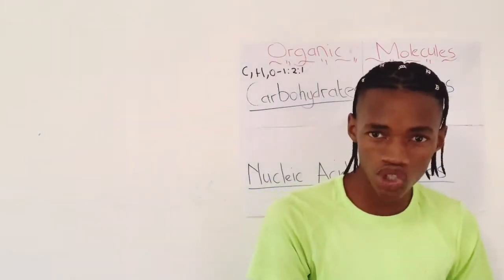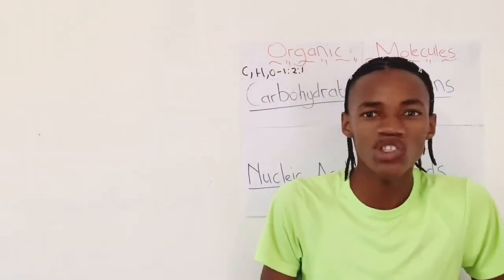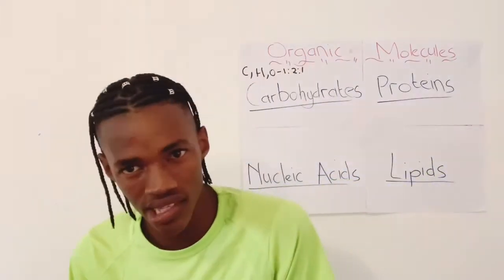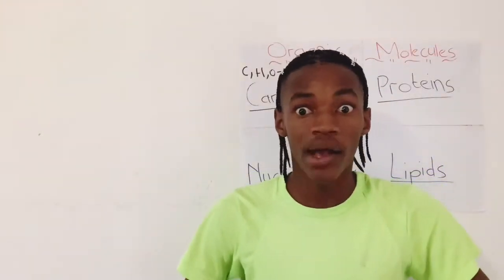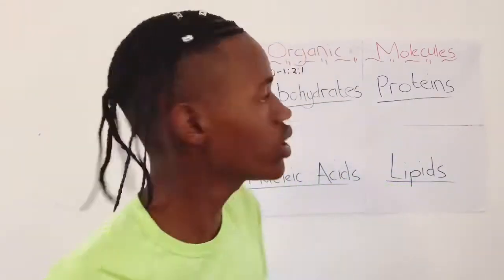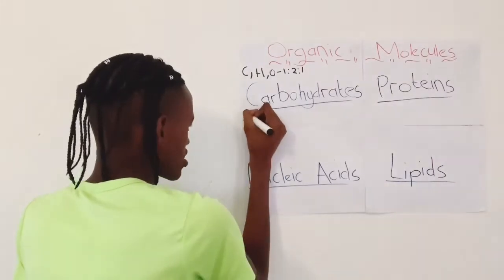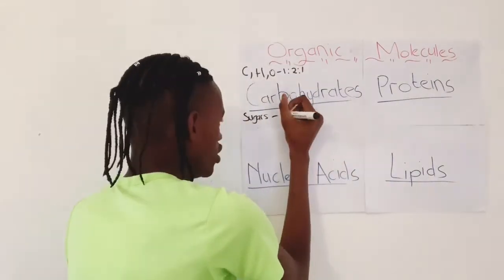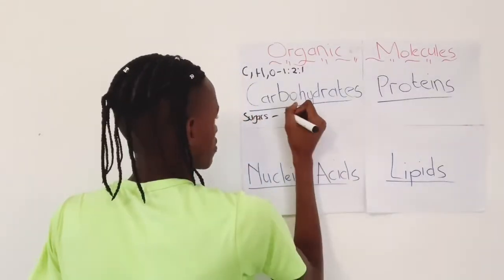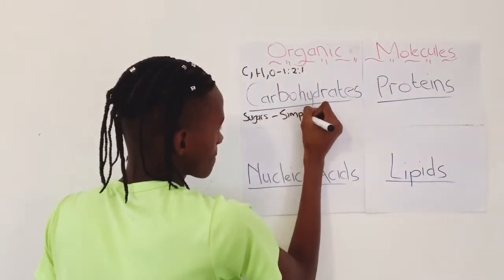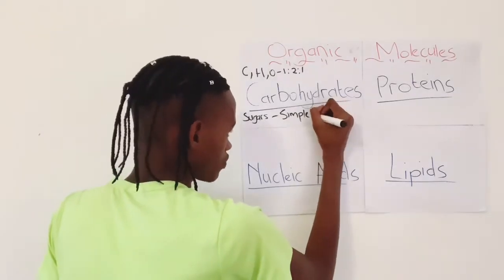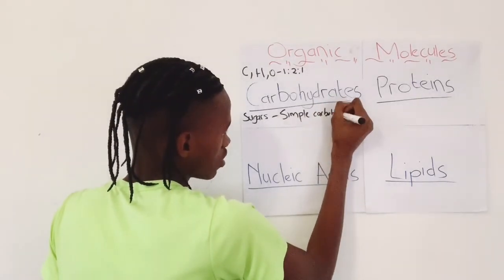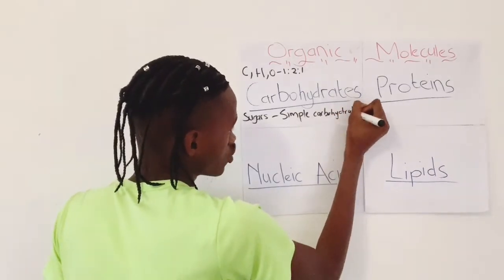And now we have different types of carbohydrates. We have simple sugars, which are pretty much simple carbohydrates. Then we have complex carbohydrates, which are made of much longer polymers. So sugars are called simple carbohydrates, right?